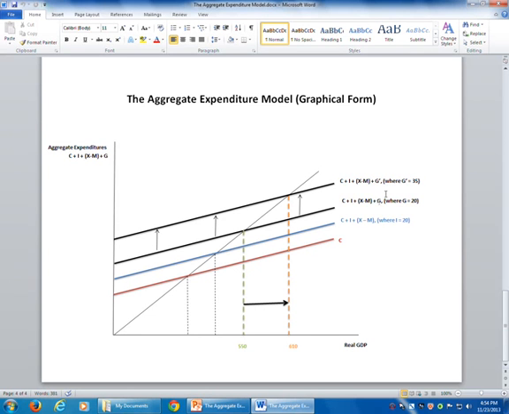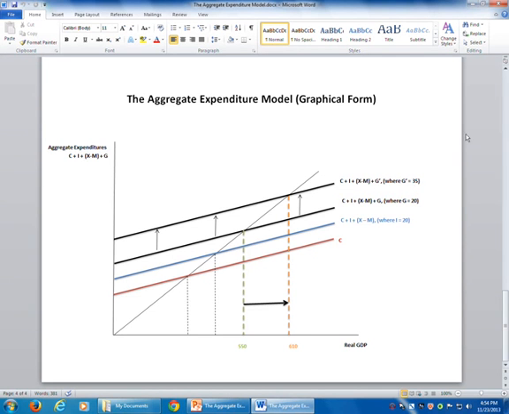So we increased government expenditures by 15 billion. But notice, real GDP increased by 60. From in the original equilibrium, it was 550. Now in the new equilibrium, it's 610. So the income, the real GDP, increased by 60 billion in response to an increase in expenditures of only 15.